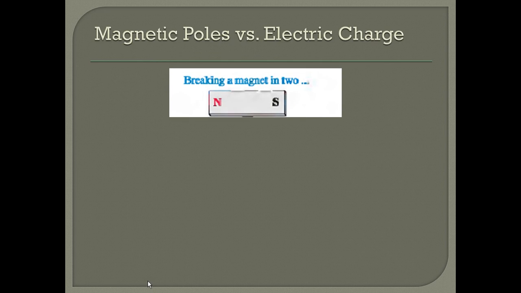Okay, so let's try to compare magnetic poles with electric charges. Unlike a bar magnet, an electric charge can exist in separate or distinct parcels, such as a positive charge and a negative charge. So you can have a distinct electron that carries a negative charge.